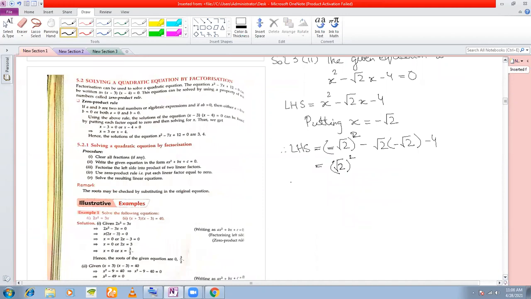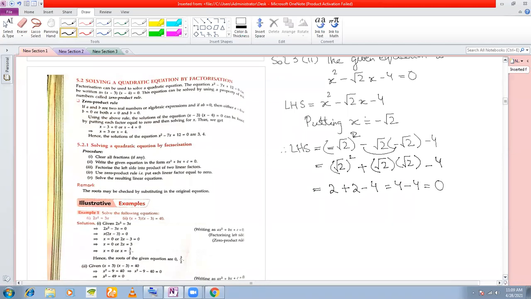From the laws of indices, you already know when the negative sign is raised to an even power, it becomes positive. Plus root 2 into root 2, because this minus and this minus combine to give you a plus sign, and you have a minus. Now root 2 square, you know, is 2, plus root 2 into root 2 also is 2, minus 4. This is 4 minus 4, which is 0.